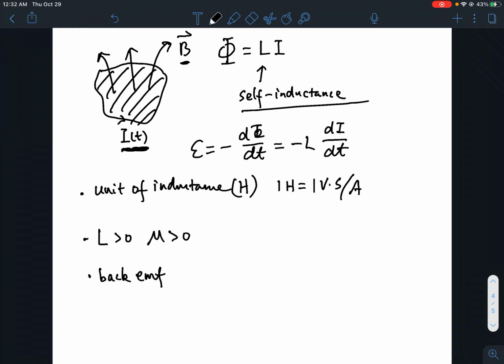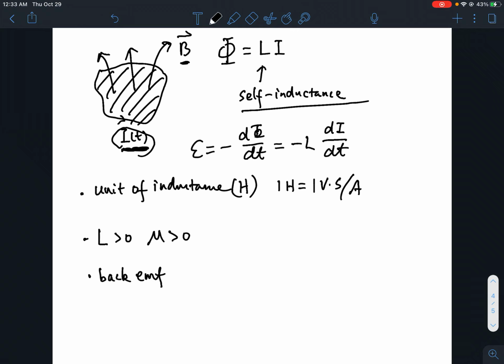If you want to increase the current in the wire, this electromotive force will try to decrease it, to fight against you increasing the current. So in other words, you really need to do some work to fight against the change.